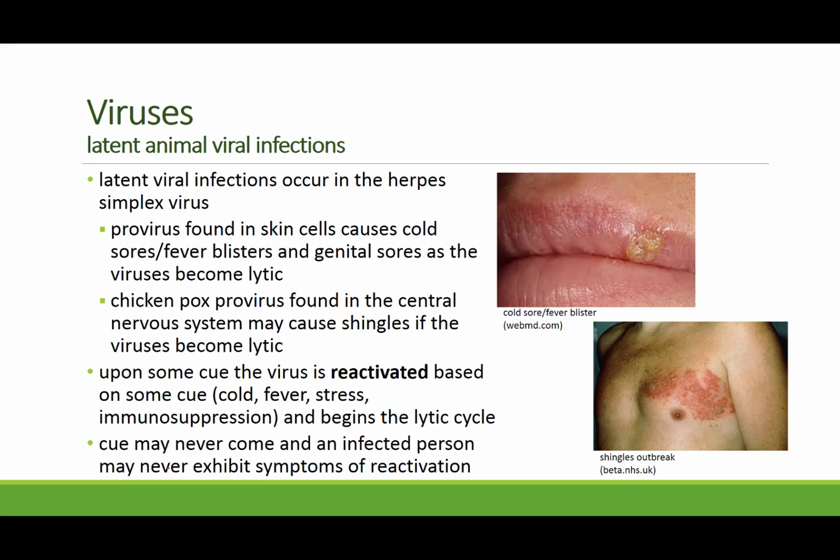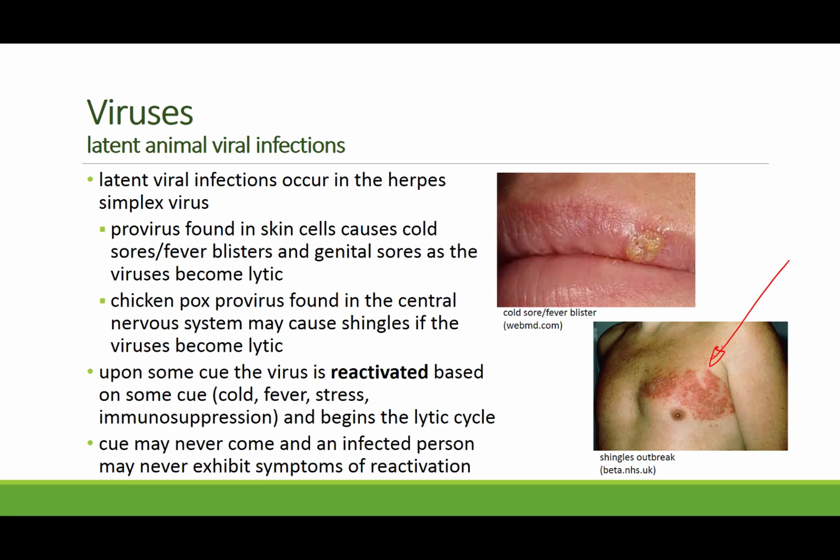And later on in life, after having had chickenpox probably as a child, under stress, immunological stress, or sometimes other sicknesses will trigger shingles, then that virus will become active, and we see the symptoms of shingles. And here we can see a person who has shingles across his chest as the viruses become lytic and start killing cells, breaking cells open.